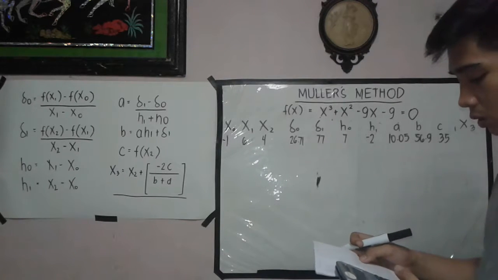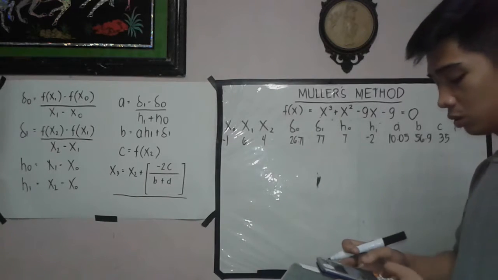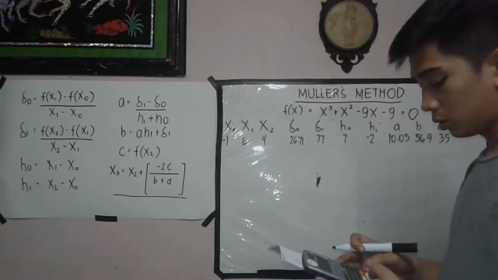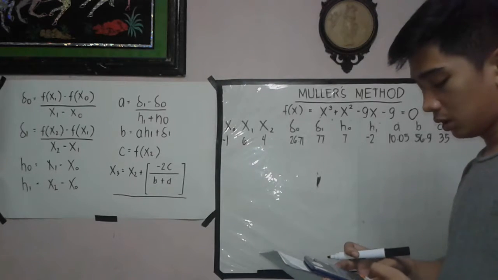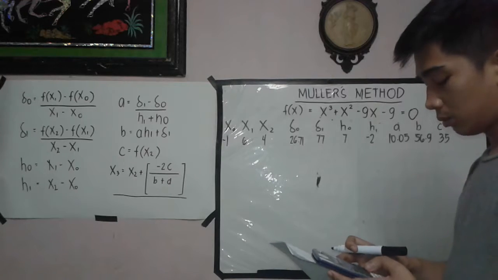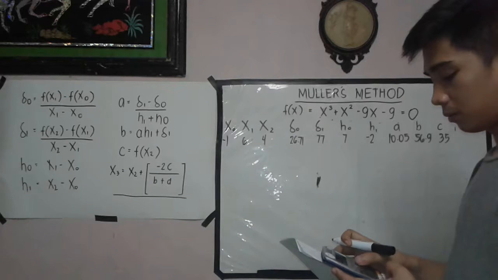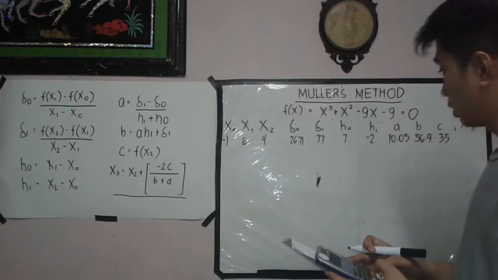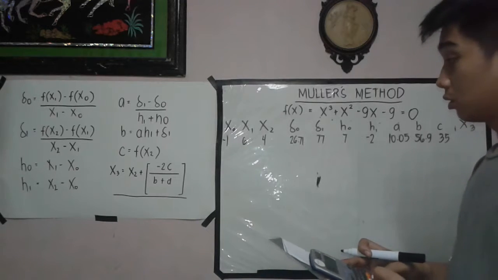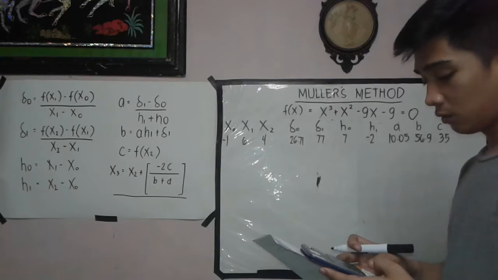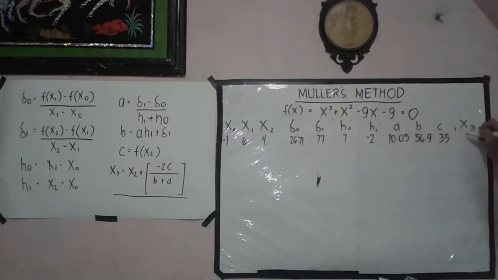equals 42.78. So substituting it here to the equation, x sub 3 is equal to 6 plus negative 2 times c, 35, over b, which is 56.9, and your d, which is 42.78, have the value of 5.29.